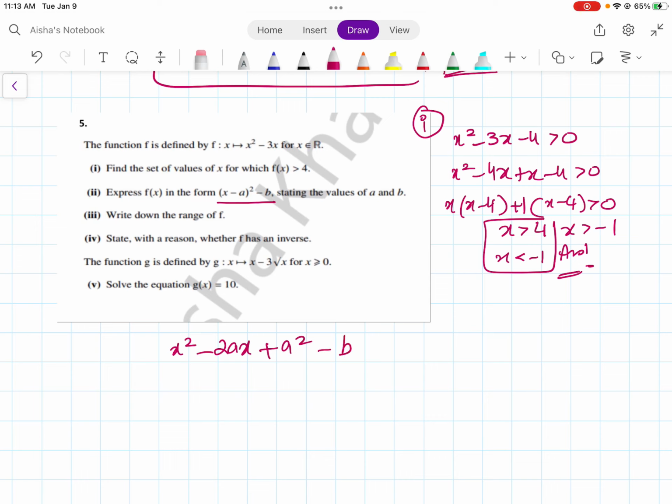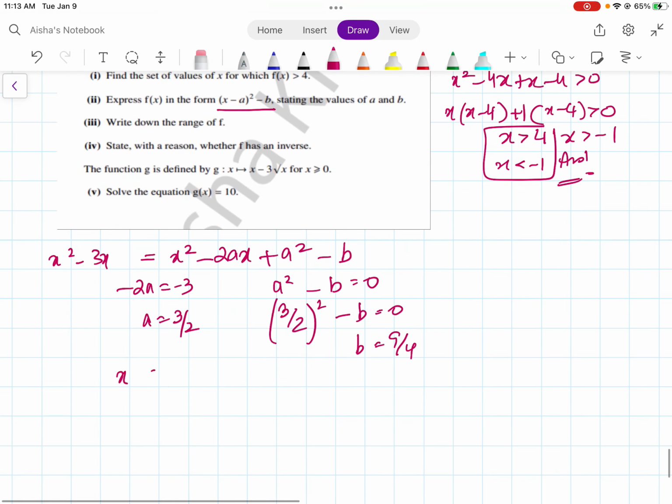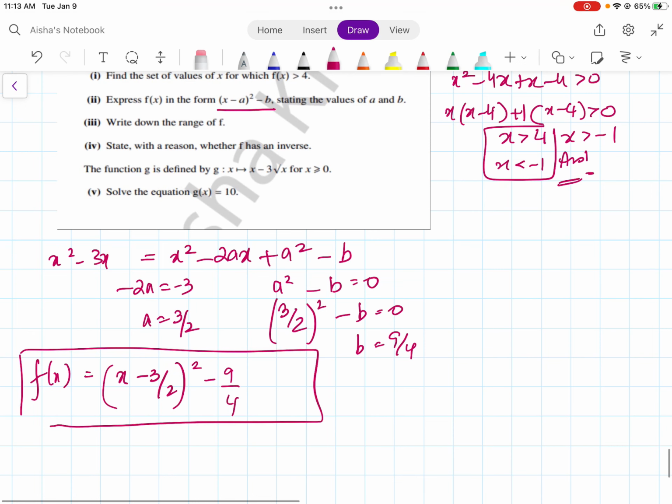This is like repetitive parts again and again. So this becomes x minus 3 upon 2 whole square minus 9 upon 4 equals to f of x.